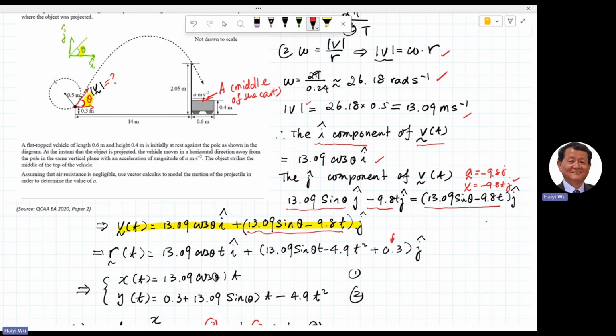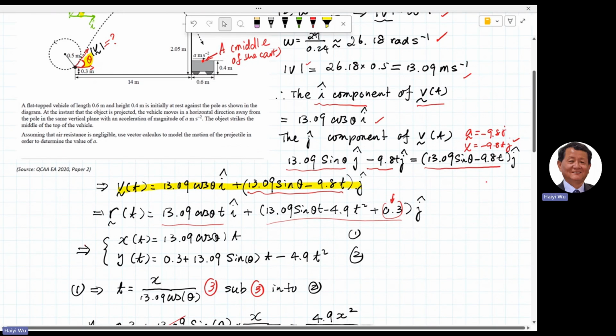Now we're going to do the projectile motion for the position vector. The position vector is, we're going to integrate the x component and the y component. Now, why do I need to put a 0.3? Because that's the initial height, which is 0.3.